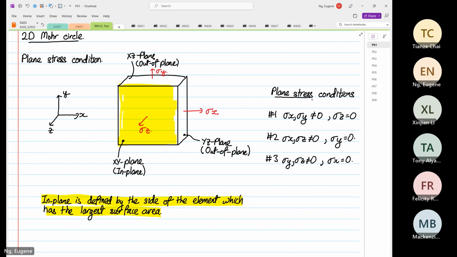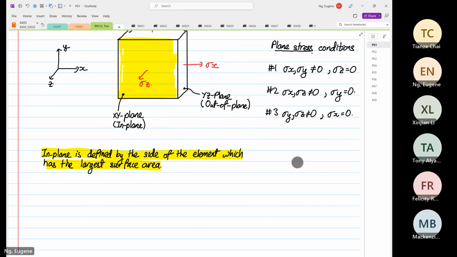Right. So let's do one example on Mohr circle, and while doing this example, we can look at a lot of definitions. So I'm going to go through an example.